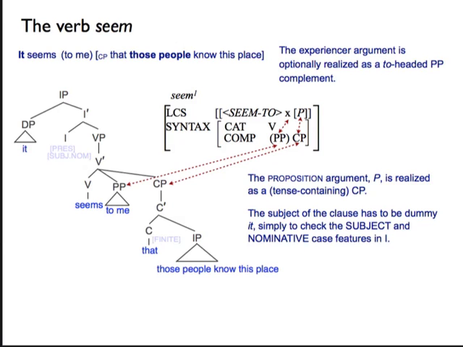And then the subject of the clause has to be dummy it, simply because English says you have to have something overt in the subject position. We want something there always. In the subject position of a tensed clause, you're going to always have some overt content, except in certain discourse contexts where you can leave off the subject, but it's just left off phonologically.